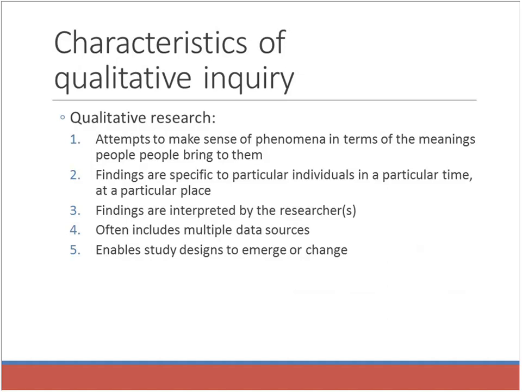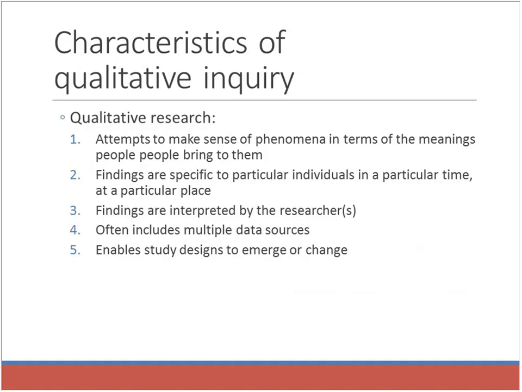First, and perhaps most importantly, as we just discussed, the primary aim of most qualitative research is to really understand reality from the participant's perspective. How do these individuals make sense of this particular phenomenon? How do they understand it? How do they experience it? One of the unique things about qualitative research is that we're able to get really rich and detailed descriptions of these experiences.